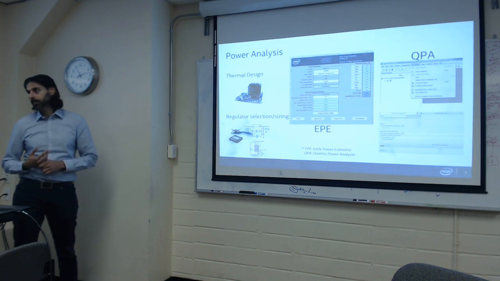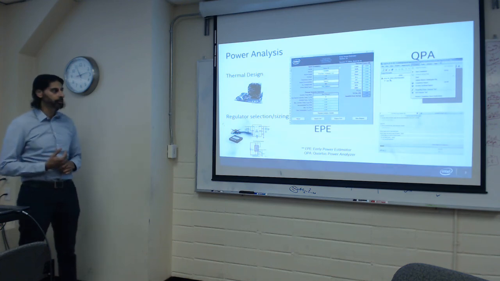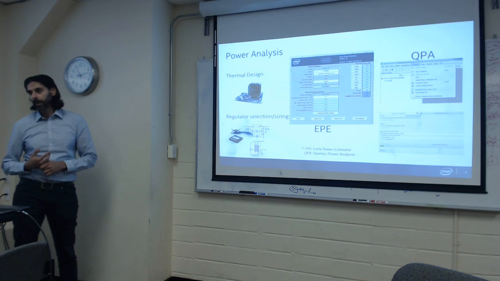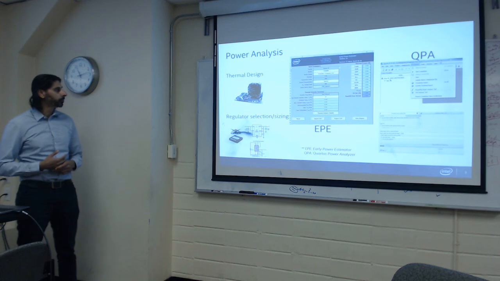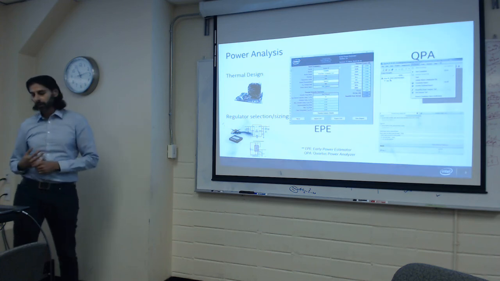The main things that our customers use these tools for is predominantly two things. One is thermal design. So how do you figure out what size and type of heatsink do I use on my application? And second is regulator design. So figuring out what regulators to pick and what sizes to pick.